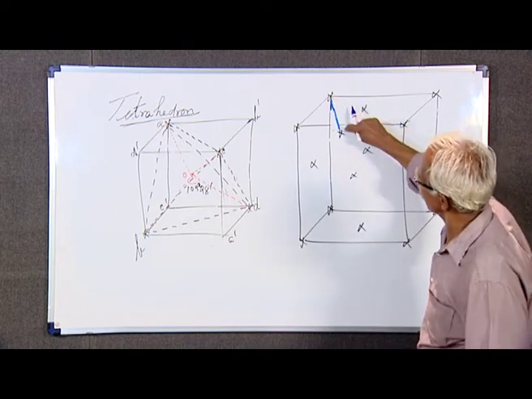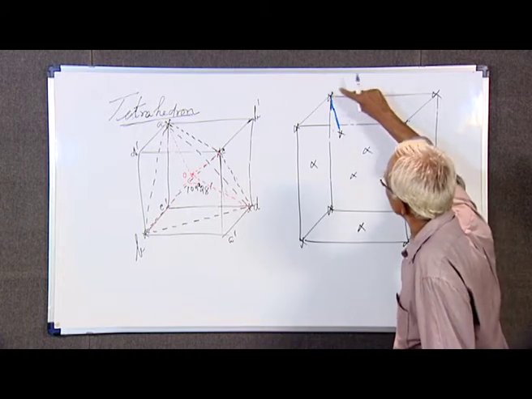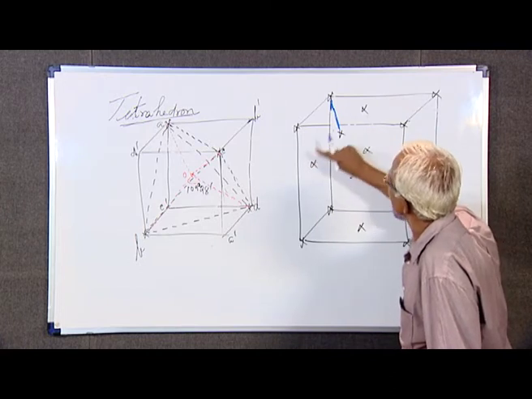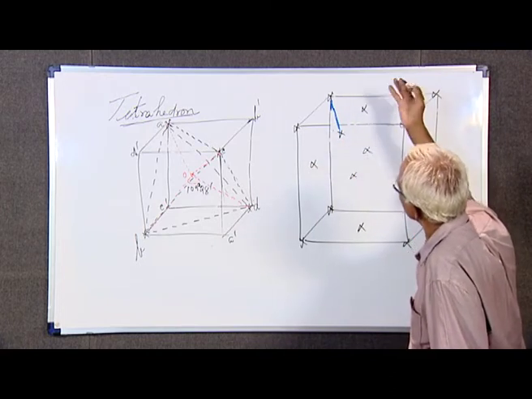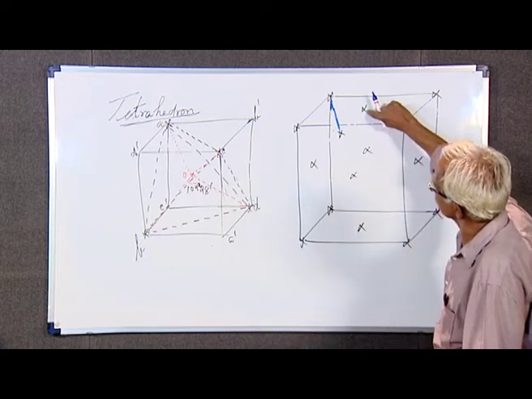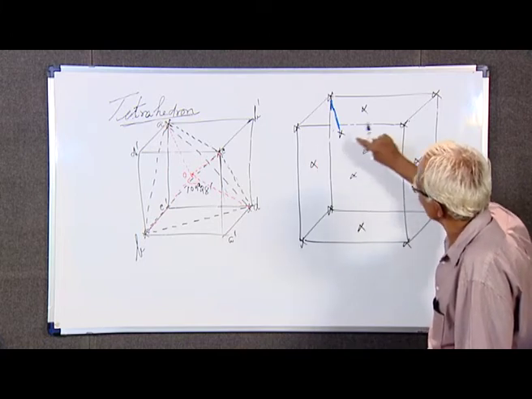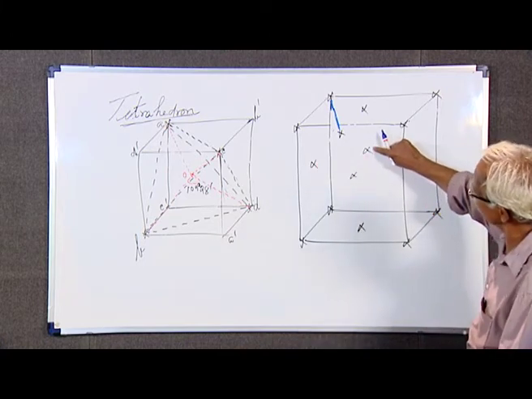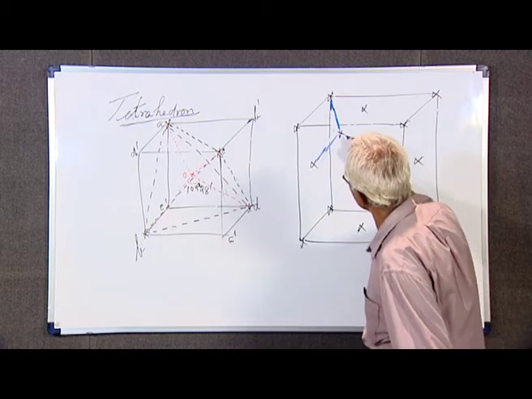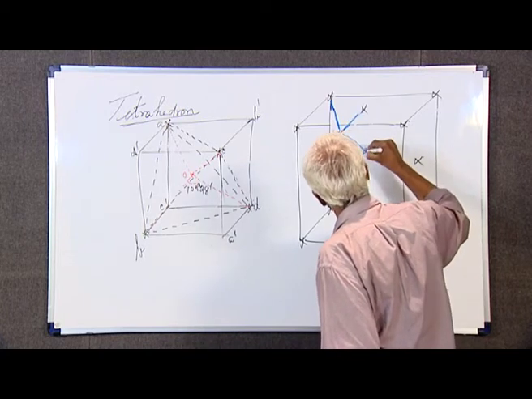At this unique vertex, 3 faces meet: top face, left face and face behind. Take their face centers. Face center of top face is this, face center of left face is this, face center of face behind is this. Join them. See these blue lines.